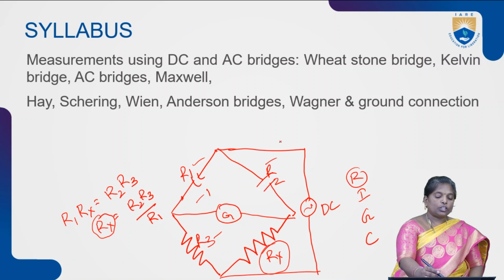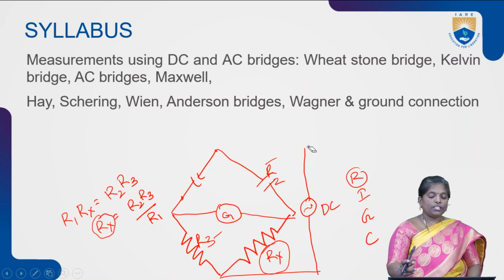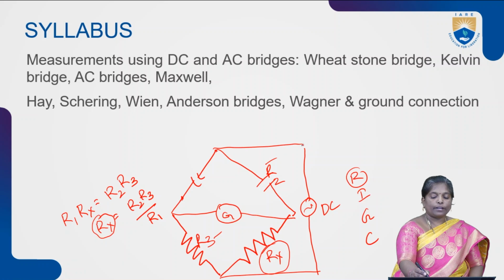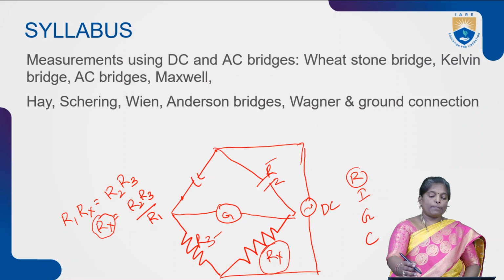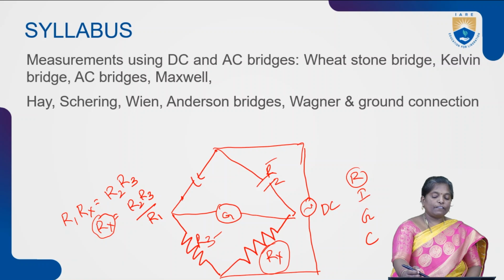So, irrespective of an element, based upon the balanced bridge condition, we can find out the unknown parameter by balancing the bridge. How to balance the bridge means by equating two opposite arms. Product of two opposite arms must be equal.